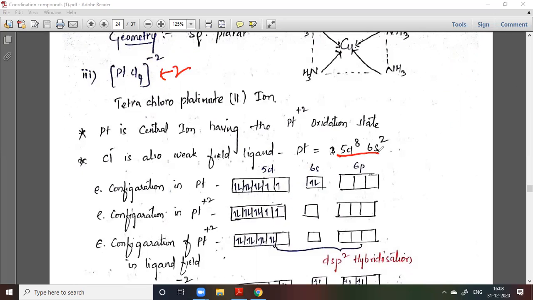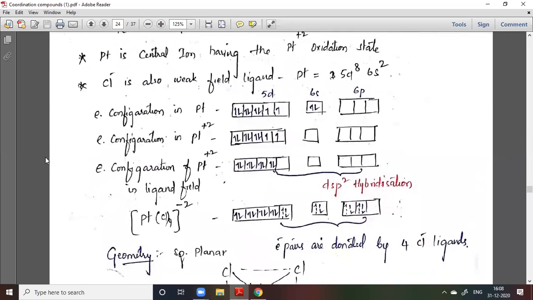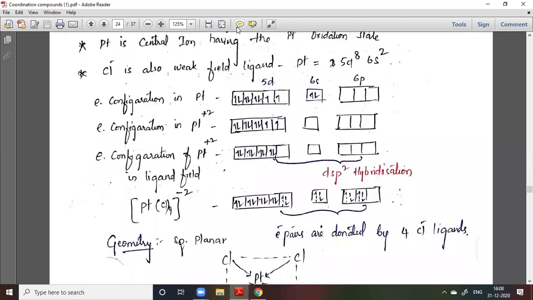So first 5d8 6s2 is there. Now 2 electrons are removed from 6s2 here. See here. After removing these 2 electrons, the ionized platinum will be like this.